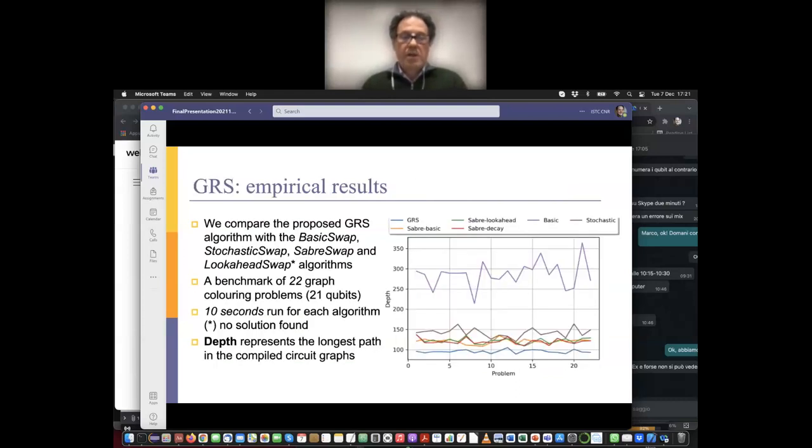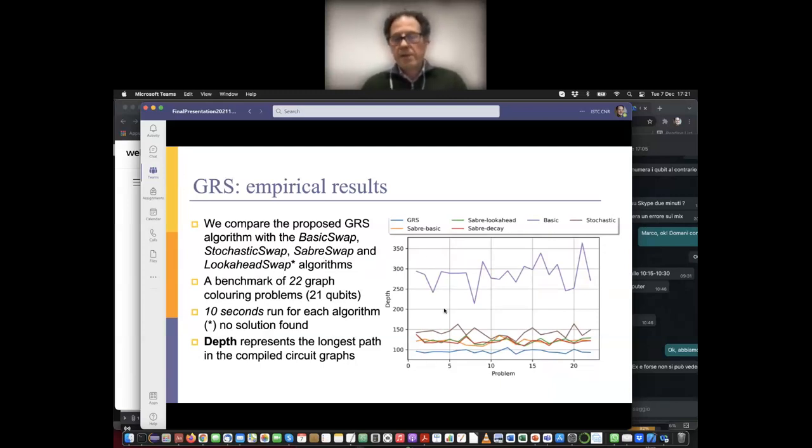And so we have tested our algorithm with respect to a suite of compiling algorithms available in Qiskit. Here the names: basic swap, stochastic swap, sabre swap, look-ahead swap.